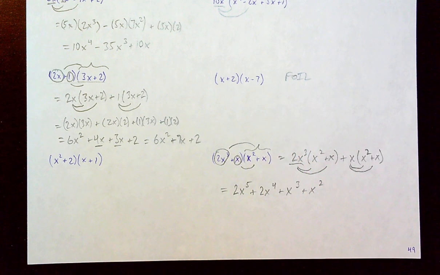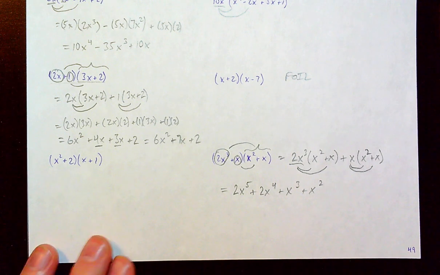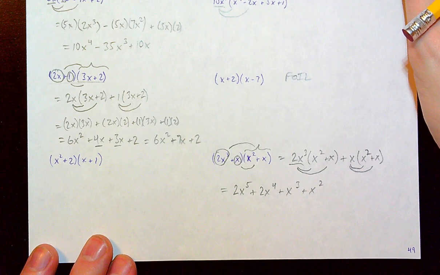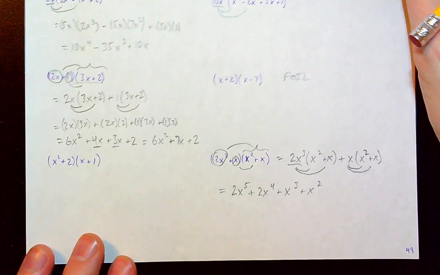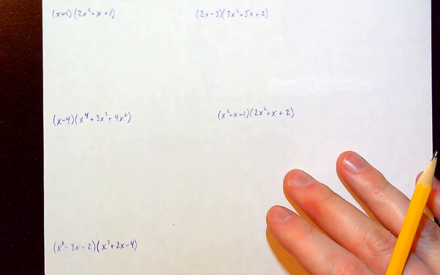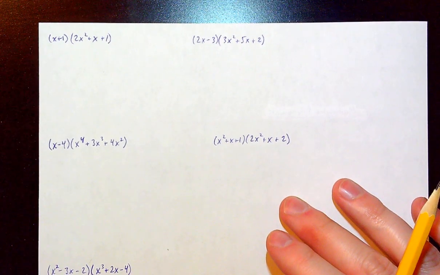So this is why I want you to think of multiplying polynomials as multiply every term in the first polynomial by every term in the second polynomial, and we do that using the distributive property. We'll go on and we'll see a couple samples as to why we want to look at it that way.